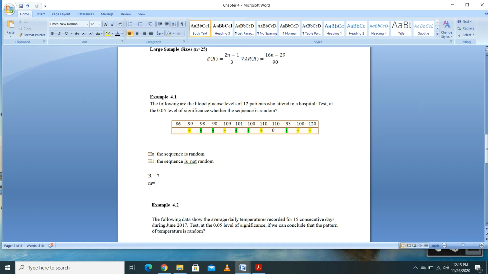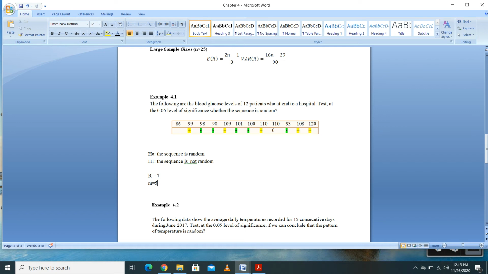For the M value, when you take the data set, what is the first sign you have here? According to this data set, you have the positive sign. So you count how many positive signs are there in your data set: 1, 2, 3, 4, 5. I have 5 positive signs.